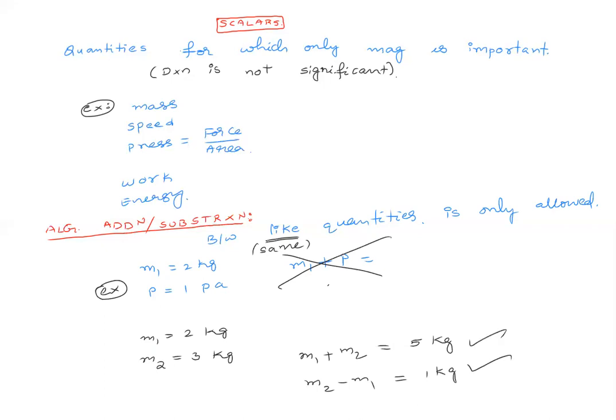So between similar quantities algebraic operation is allowed. That means indirectly the unit must be the same, and both must be scalars for addition or subtraction. You can just add them like numbers.